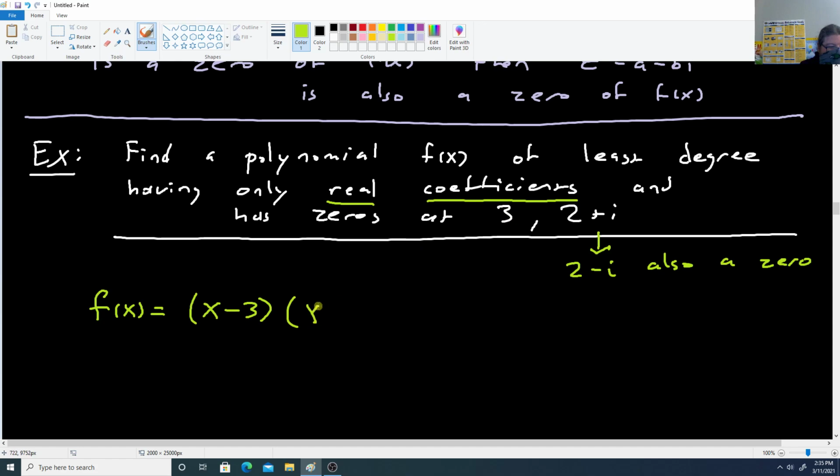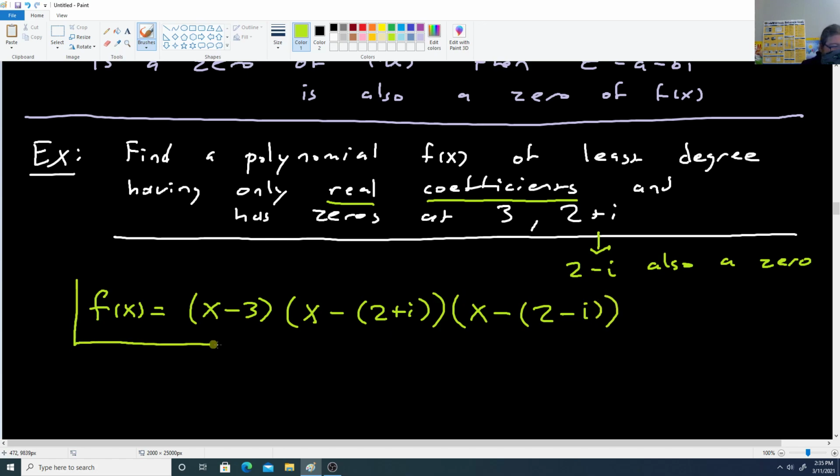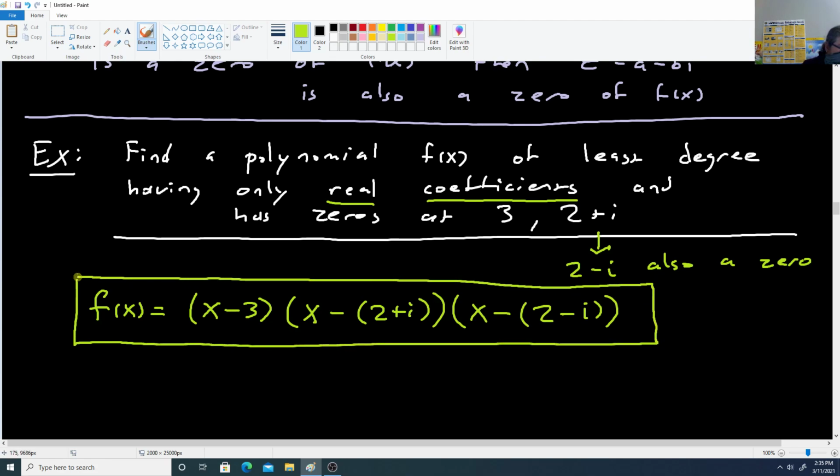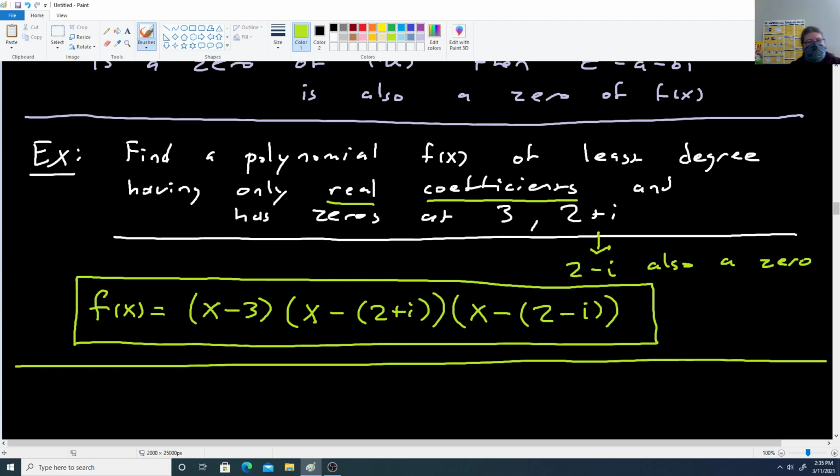I need a factor that creates a 0 at the first complex number, so it's x minus 2 plus i. Then I need an x minus 2 minus i to create a 0 at the second complex number. And this right here will be a polynomial that has real coefficients and does everything the example wants us to do.